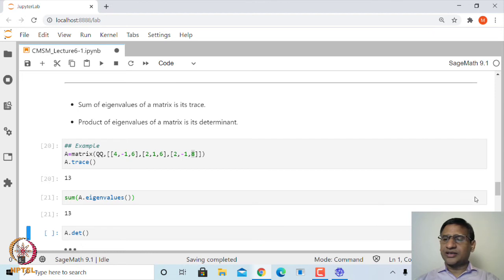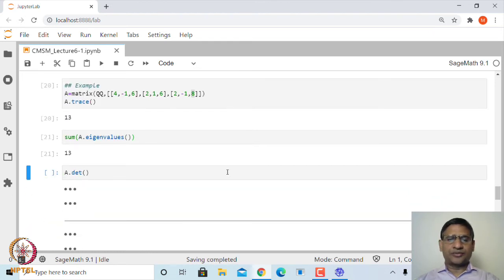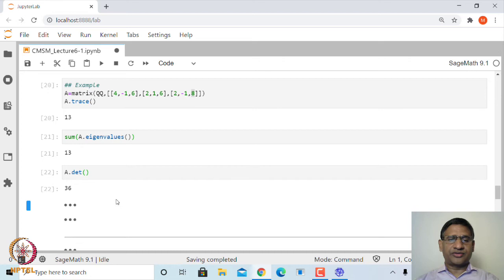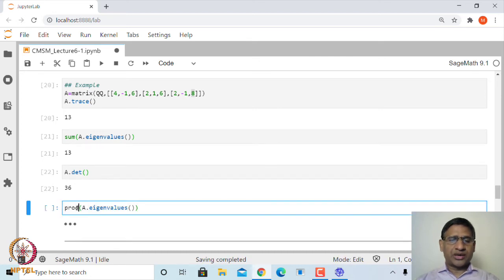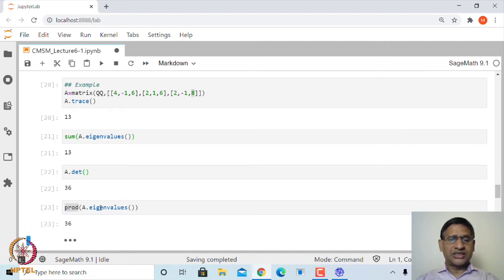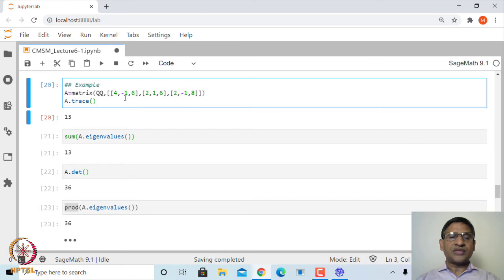Similarly, the determinant of A in this case is 36, whereas if I take the product of all the eigenvalues, PROD finds the product of a list of real numbers, that also gives you 36. In particular, we have verified for this example that the sum of eigenvalues is the trace of the matrix, and the product of eigenvalues is nothing but the determinant of this matrix. And of course, you can take any arbitrary matrix and verify this.